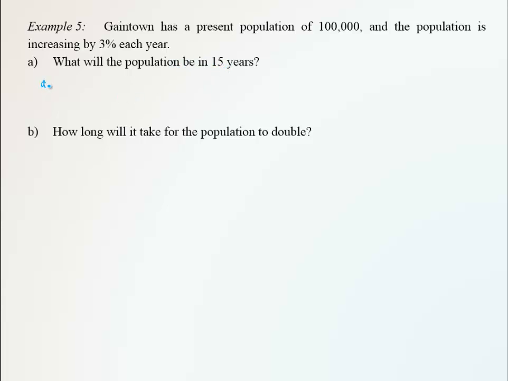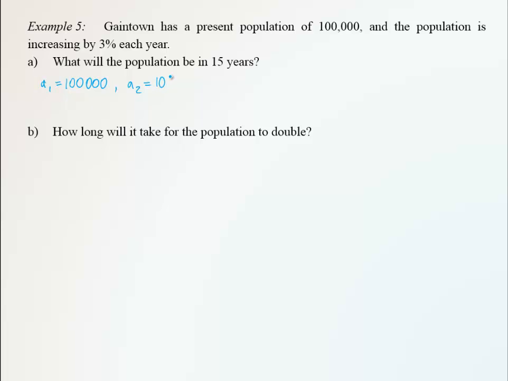If A1, which is the present population, is 100,000, and A2 is the population after 1 year, it should be an increase of 3%. So overall, the new population is 103% of the previous population.